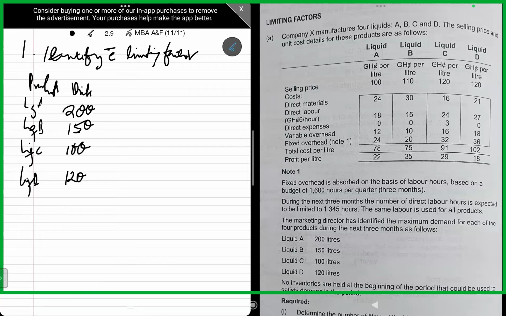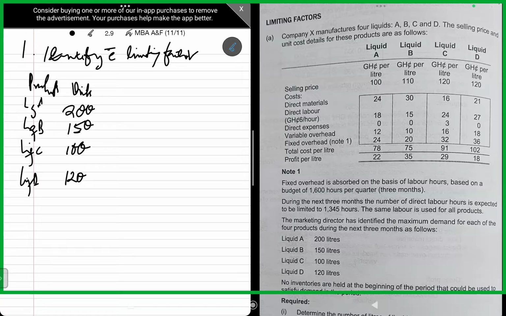We will first identify the limiting factor. It could be material, it could be labor, or whatever. But here in this question, it is labor hours. That's what they said in the second paragraph after note 1: during the next 3 months, the number of direct labor hours is expected to be limited to 1,345. So that's our limiting factor, labor hours.